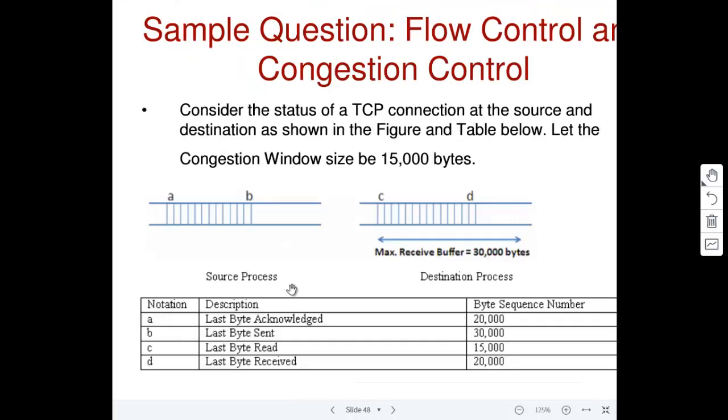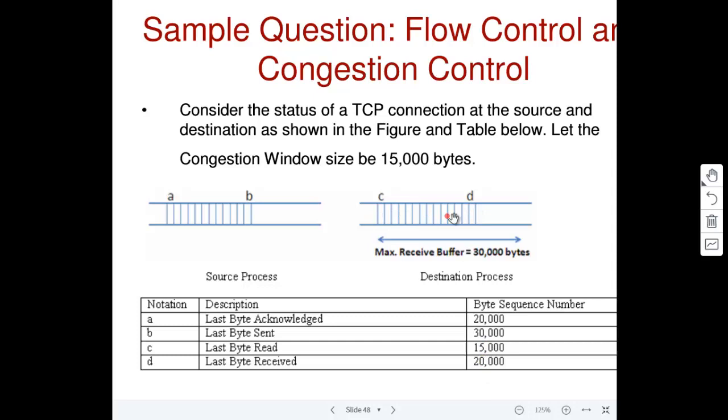Now, if you look at the data given in this problem, the advertised window size is not directly given to you. You are given the maximum receive buffer. That is the maximum buffer space available at the receiver side, which is 30,000 bytes. So we have to calculate the advertised window, how much more the receiver can receive and store. The receiver has received up to this many bytes in order. That's the last byte received, which is 20,000 bytes, minus the last byte read, that is 15,000 bytes. So it is buffering the difference, which is 20,000 minus 15,000.